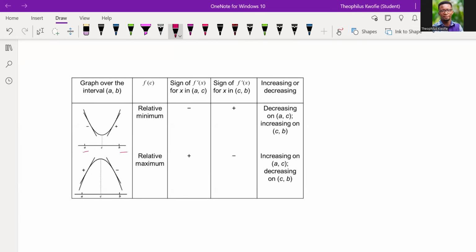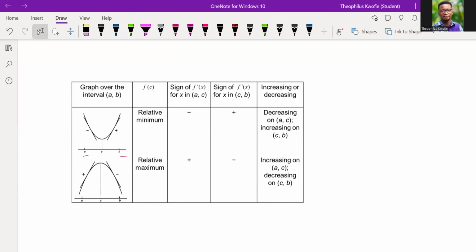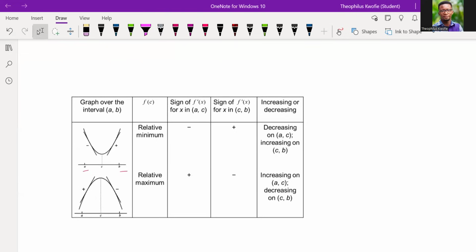Now, before I delve into that, I want us to please take note of something. Over here, let's look at the sign of f prime of x for x in the interval AC.